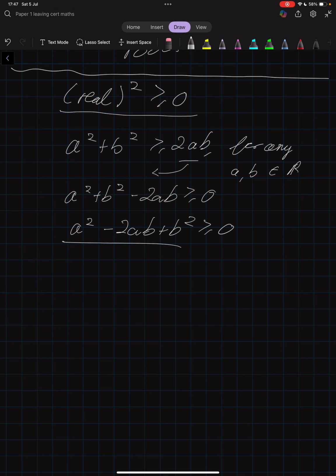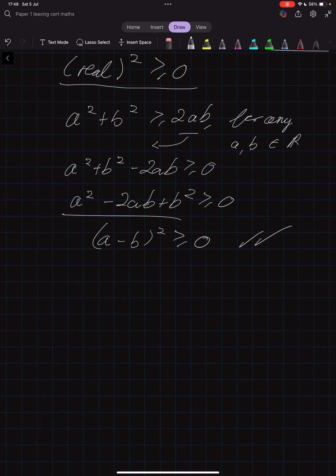This is actually your formula for a minus b all squared. And therefore I proved it. Okay?